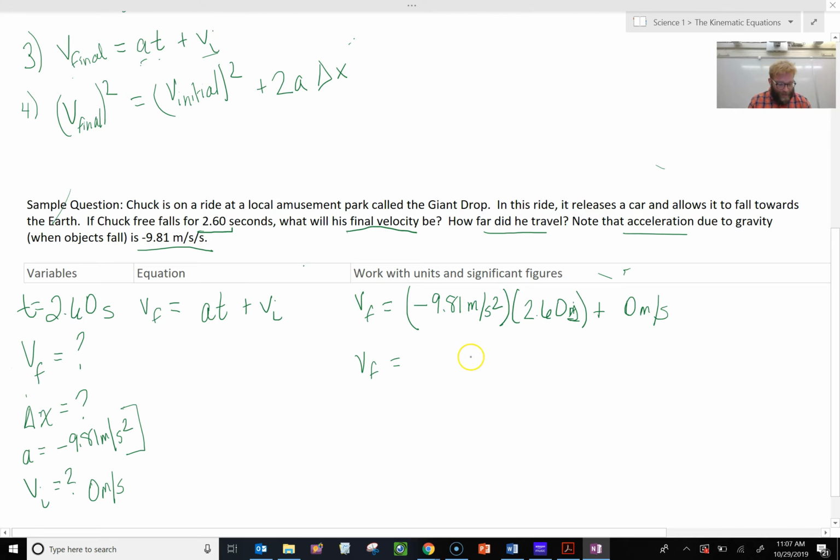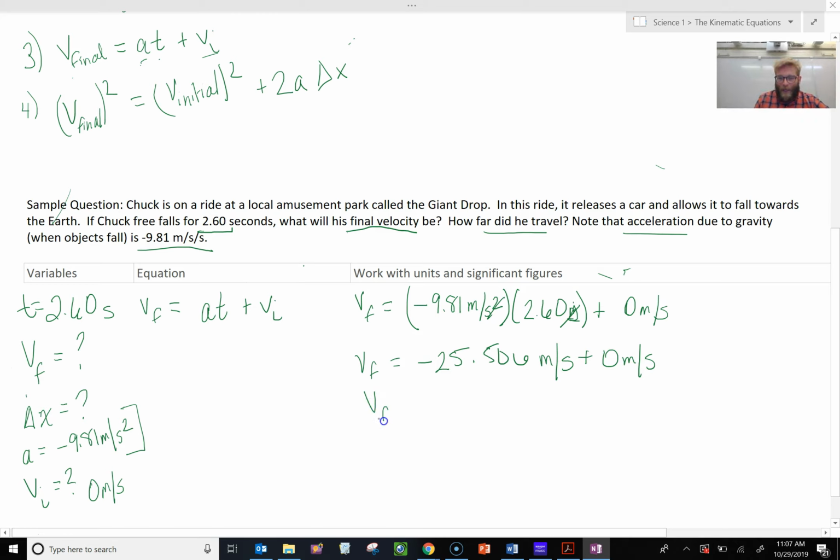So I've got negative 9.81 times 2.6. For this, my final velocity is negative 25.506 meters per second, because when I multiply these, my seconds cancel out, so I'm only left with 1 second here. And I add to that my 0 meters per second for my initial velocity.